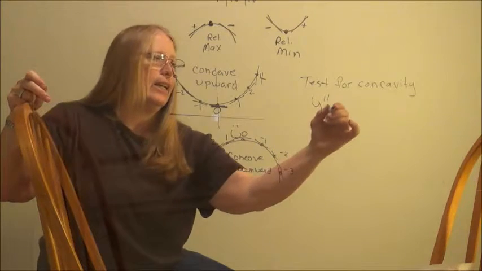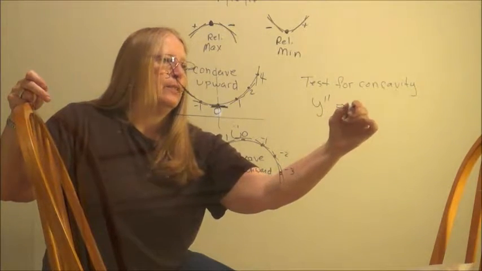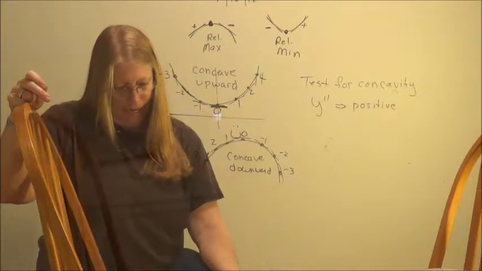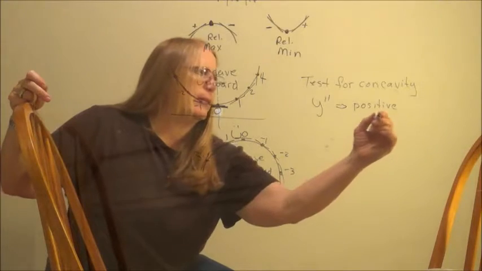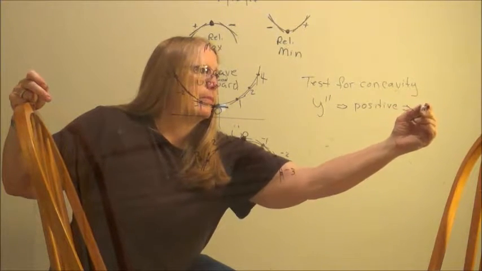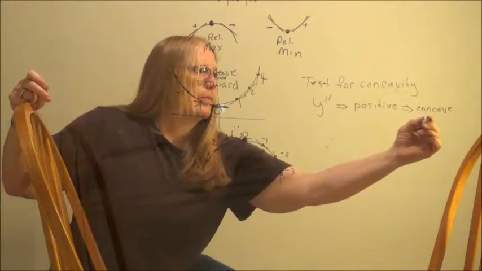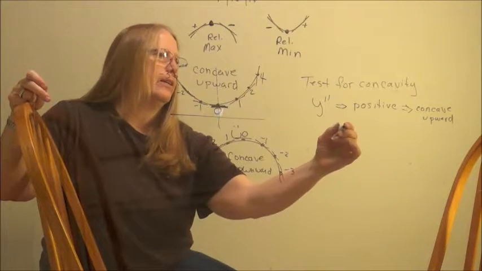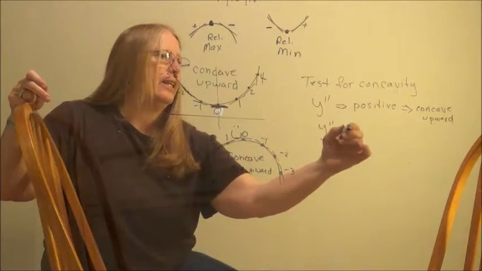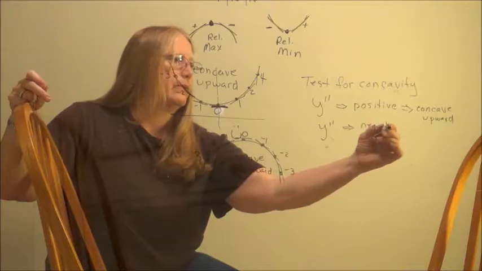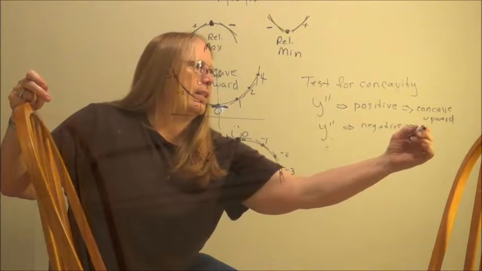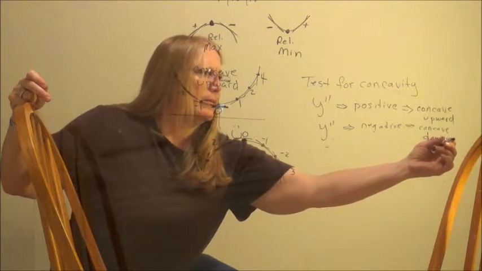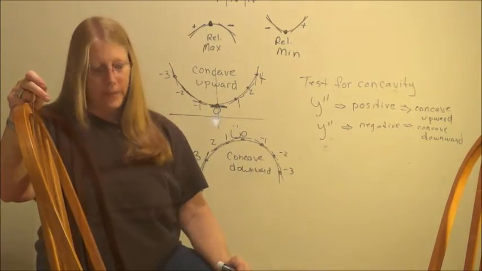So if the second derivative is positive, that means that we have a graph that is concave upwards. And if we have a graph where the second derivative is negative, it is concave downward. So, no test points to speak of.